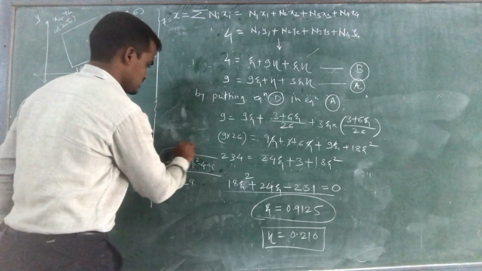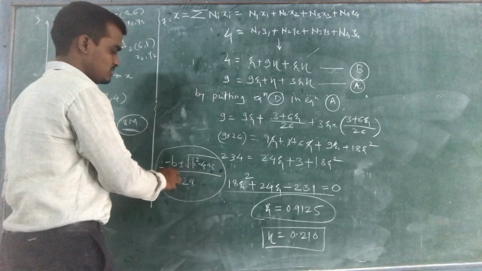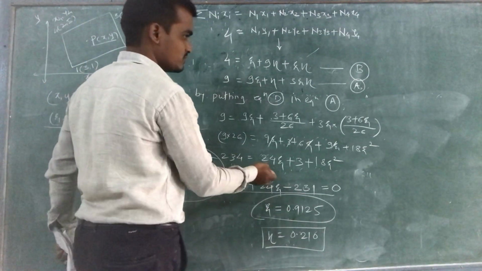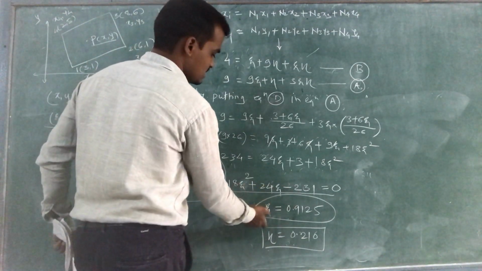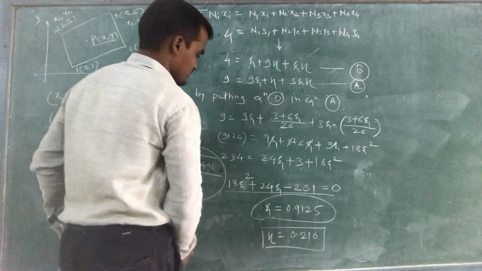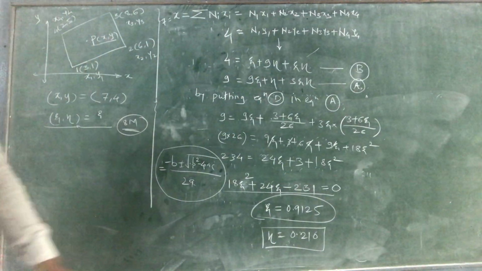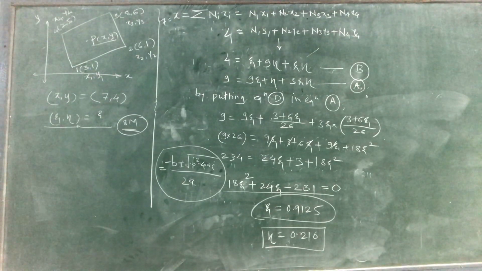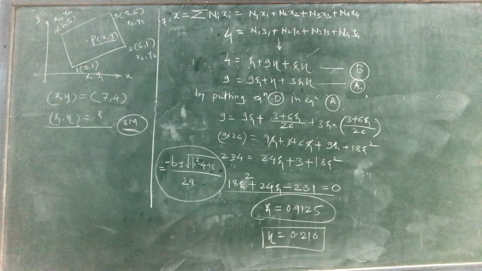By using this roots equation or your calculator you can get the zeta value, and by putting this zeta into your first equation you will get eta. So this is your zeta and eta values.